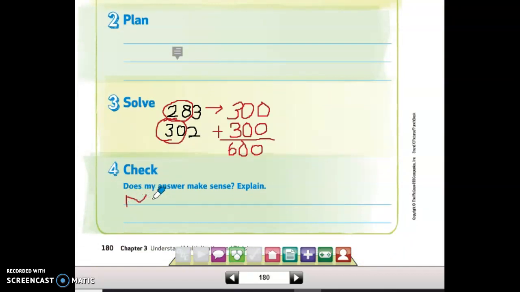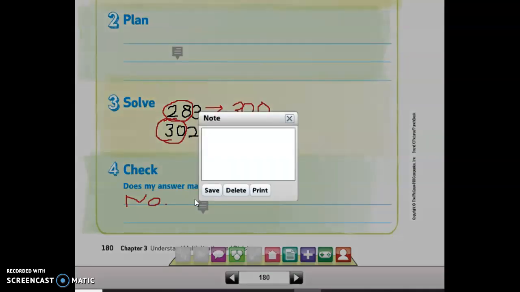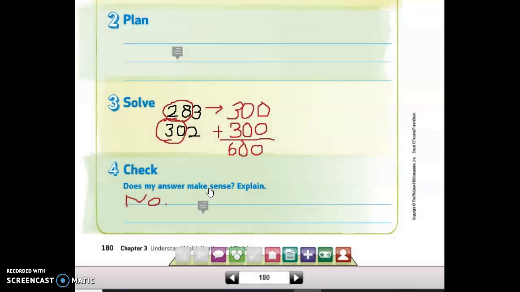No. Dasan and Lisa deliver about 600 newspapers each week. 400 is not a reasonable estimate. I'm going to change that because I don't want to start a sentence with a number. Okay, there's example number 2.